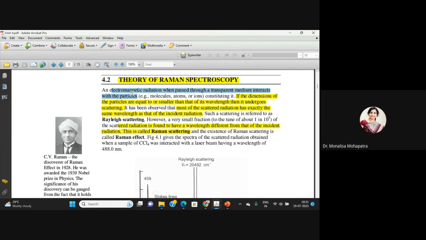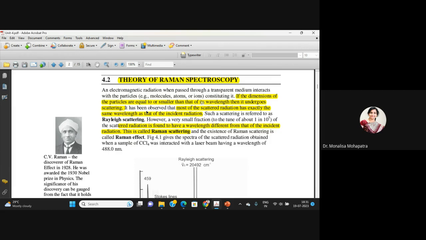That particle can be molecule, atom, ions constituting it. If the dimensions of the particles are equal to or smaller than its wavelength, then it undergoes scattering.